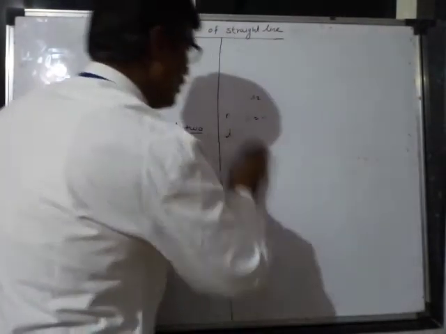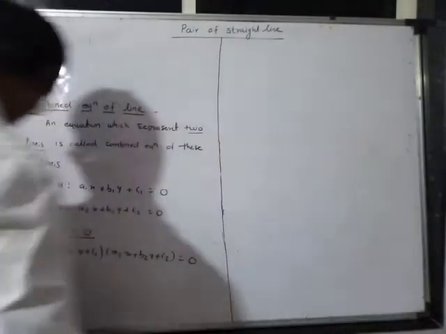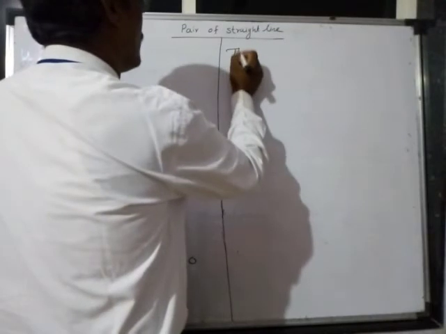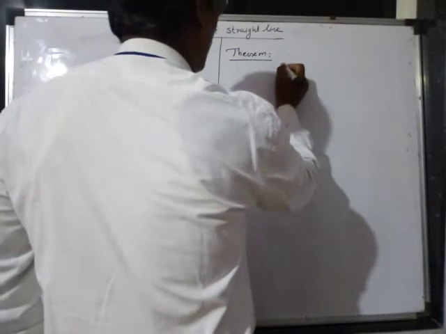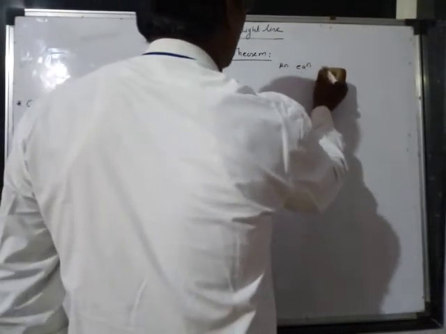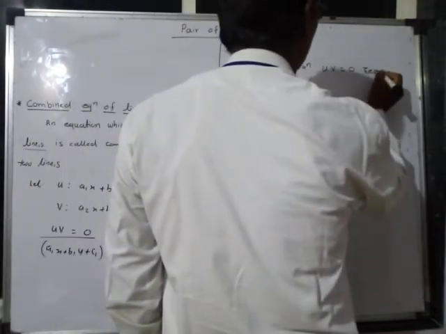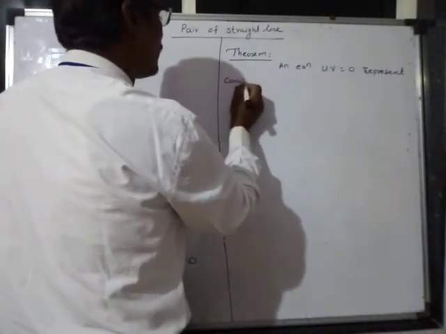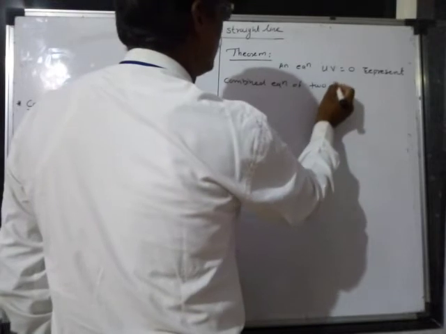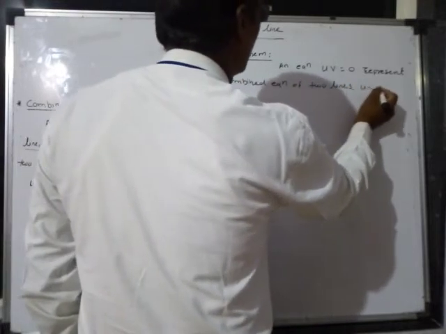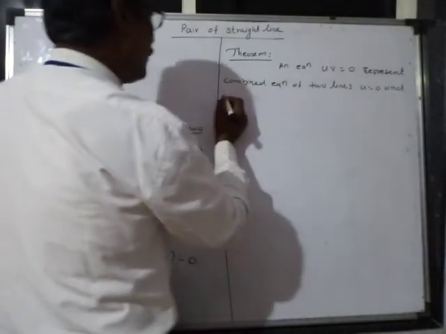the equation u into v is equal to 0 represents the combined equation of two lines u is equal to 0 and v is equal to 0.